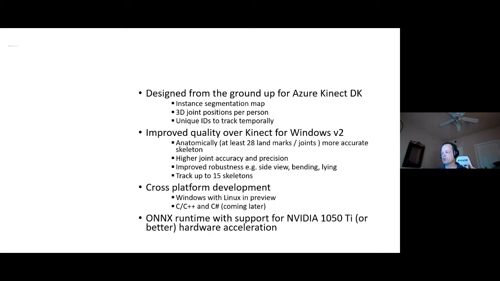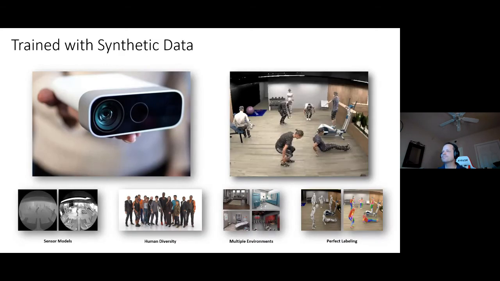But supported right now is the NVIDIA hardware platform, and you need at the least an NVIDIA 1050 Ti or better for the hardware acceleration. Yes, it also will work with the NVIDIA 2080, the newer devices, so it's not constrained to the 1000 numbers of the NVIDIA devices.